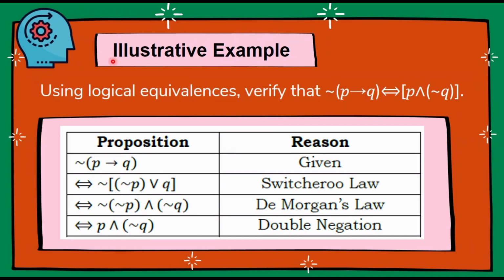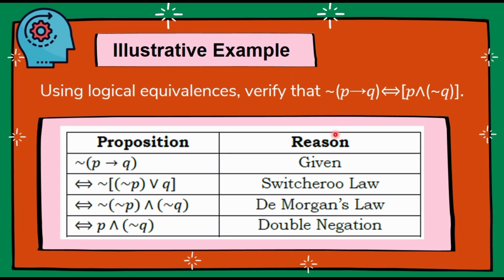Illustrative example. Using logical equivalences, verify that negation of P implies Q is logically equivalent to P and negation of Q. Upon using such laws, it is proven that these two propositions are logically equivalent.